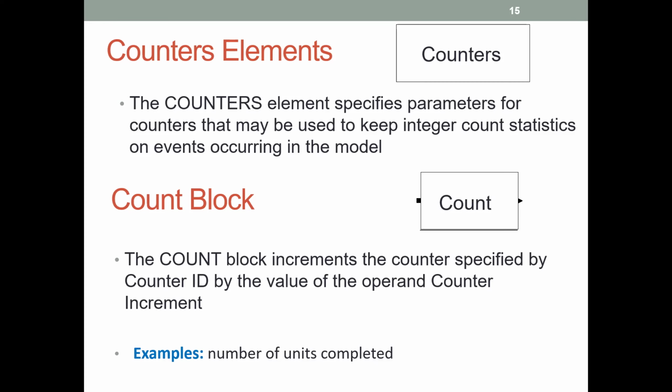You define the name and put the count towards the end of the model, or if you're counting the discard of entities, you place it at the time of discarding those entities. For example, the number of units completed is typically what we use these counter blocks and elements for.